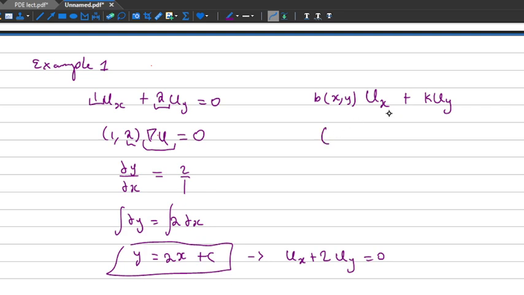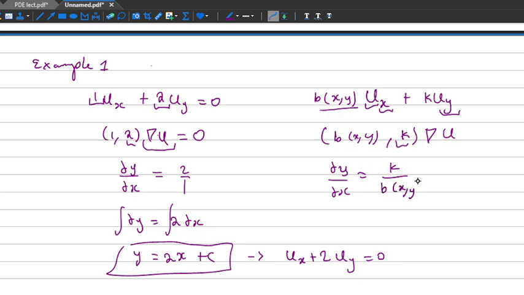We can still write this as (b(x, y), k) times nabla of u. Now u has x and y, so we are looking for the change in y with respect to x. So we just equate the y coordinate, k, and the x coordinate, b of x and y, and we solve the ODE.